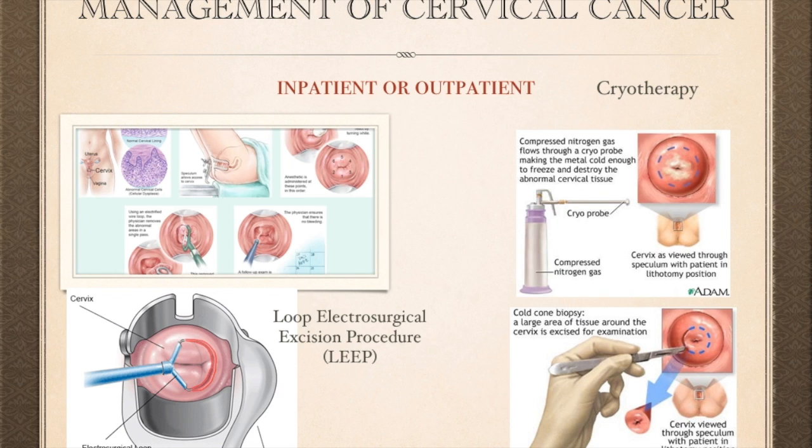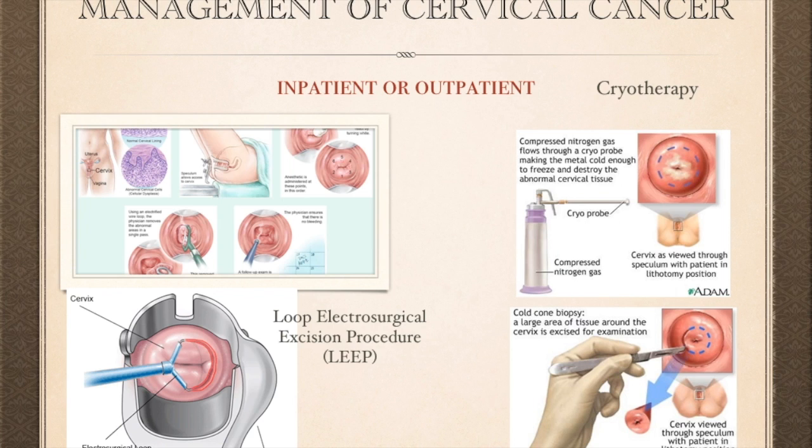Once we get our diagnosis, then the physician has to decide on how we're going to manage it. It can be managed on an inpatient or an outpatient basis, depending on how bad it is, sometimes depending on the insurance, and sometimes depending on what kind of facility you're in. Are you in a small rural place that isn't keeping up and doesn't have advanced equipment? We're going to do the old-fashioned way.